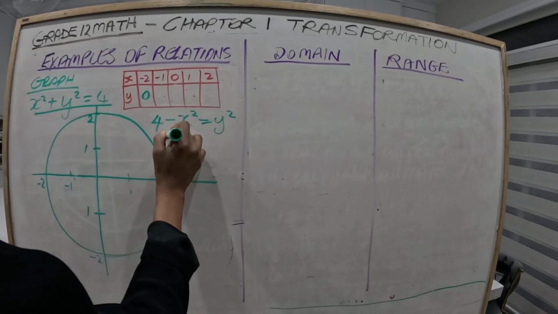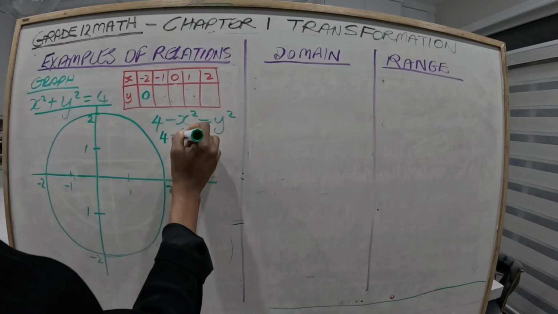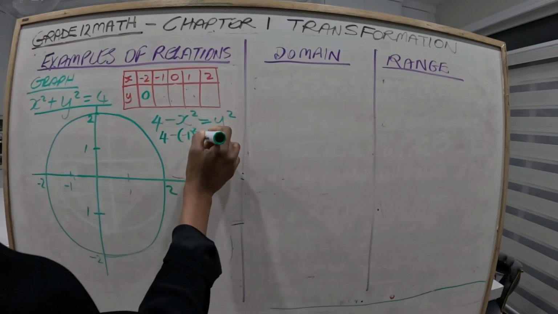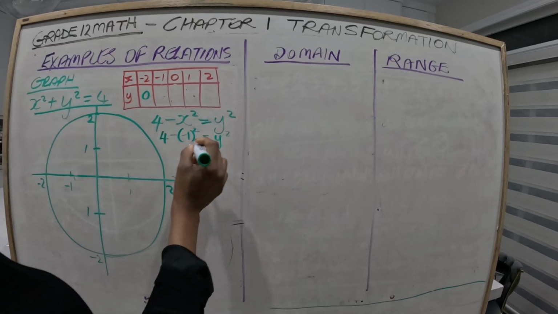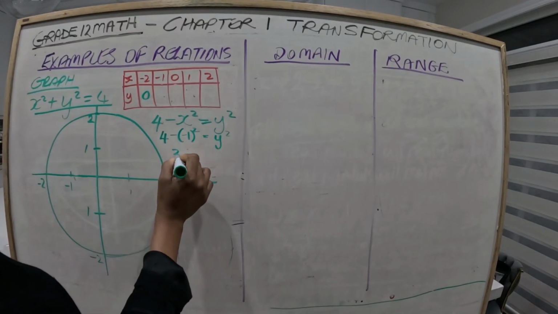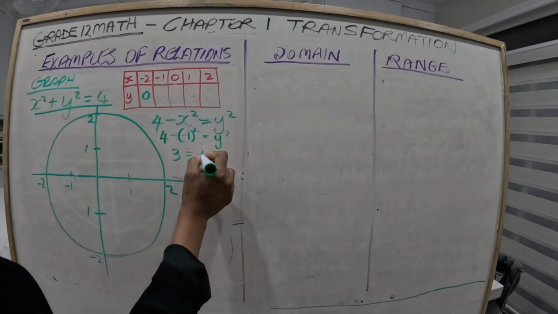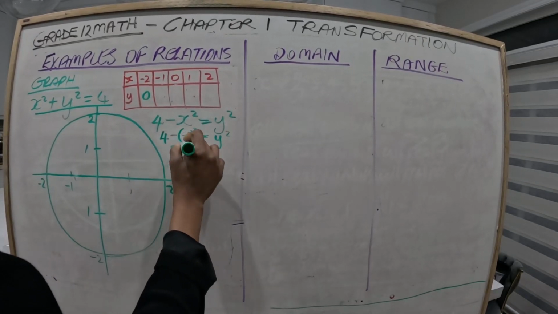So 4 minus, so that would be 3 equals y squared. So the square root of 3.